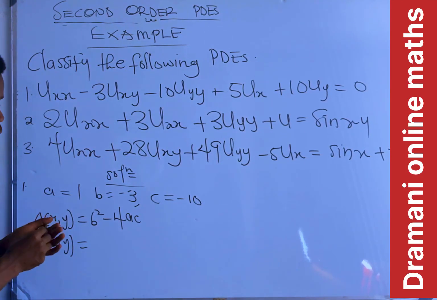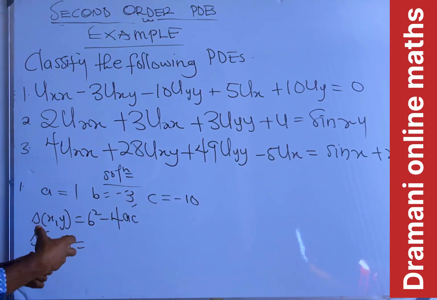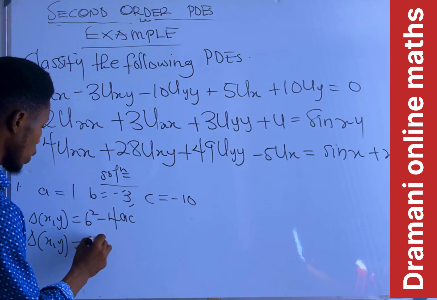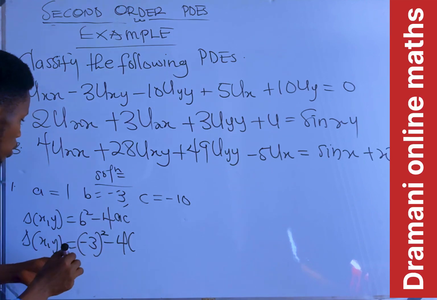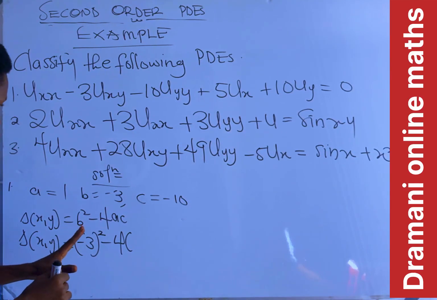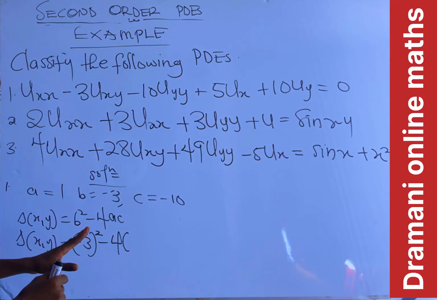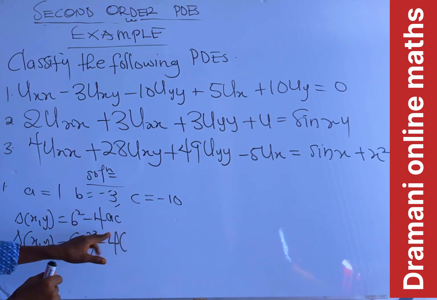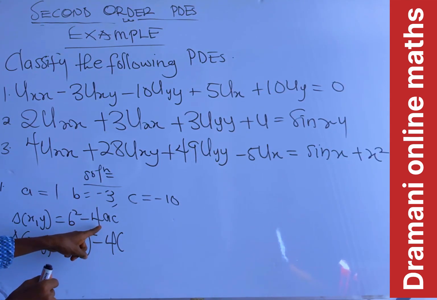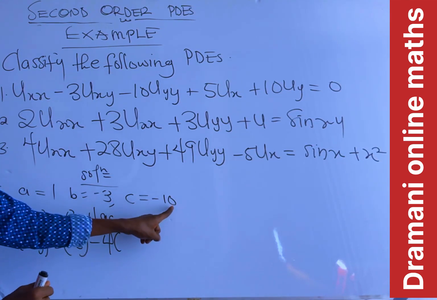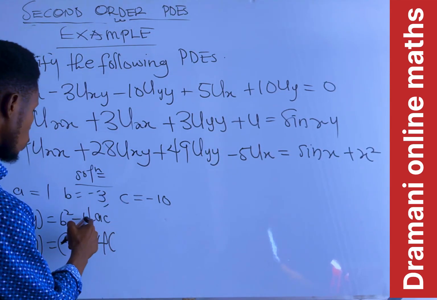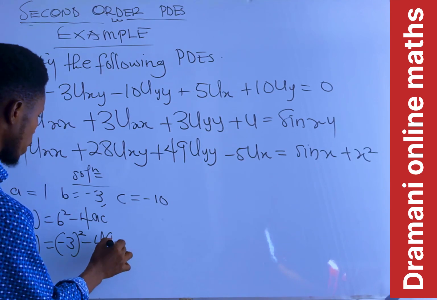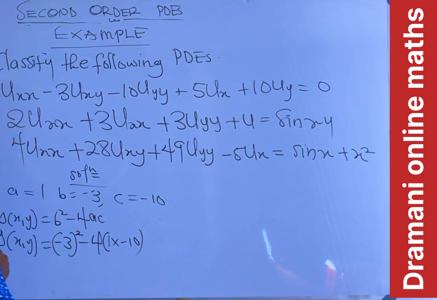So B squared is (-3) squared. When I square -3, you know what you get? Then minus 4 multiplied by A, which is 1, times C, which is -10. This is what you are going to have.